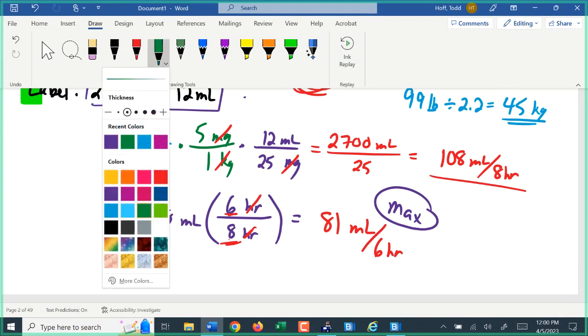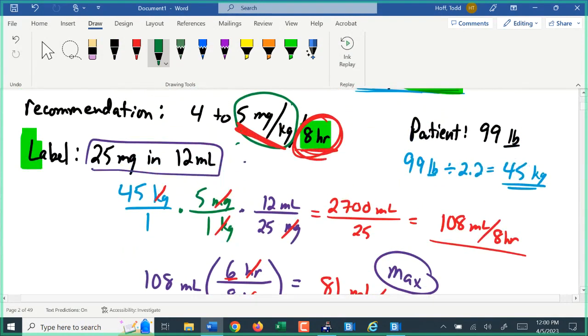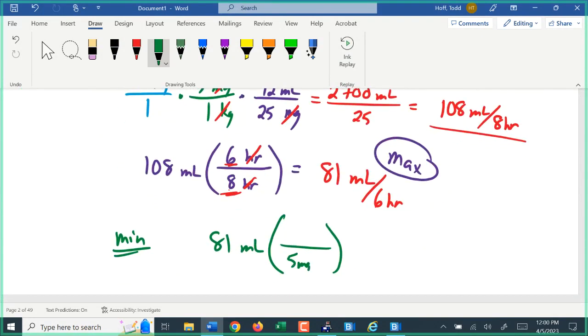We'll find the other end. We'll find the minimum. We take that 81 milliliters every 6 hours still, that was found using the maximum dose of 5 milligrams per kilogram, and we want to change it to the minimum dose, 4 milligrams per kilogram. So again, these units are the same. They cancel out.